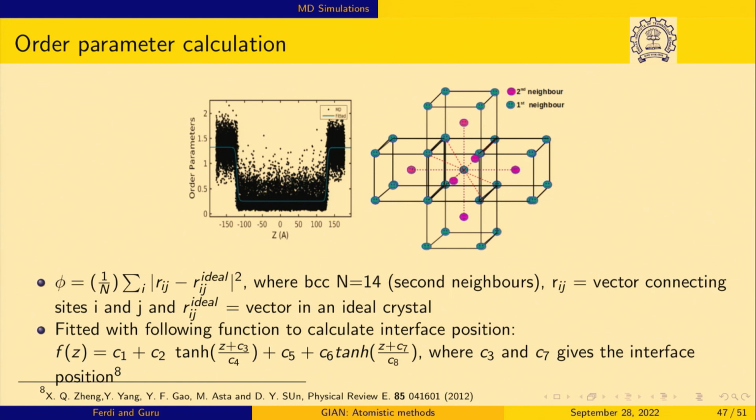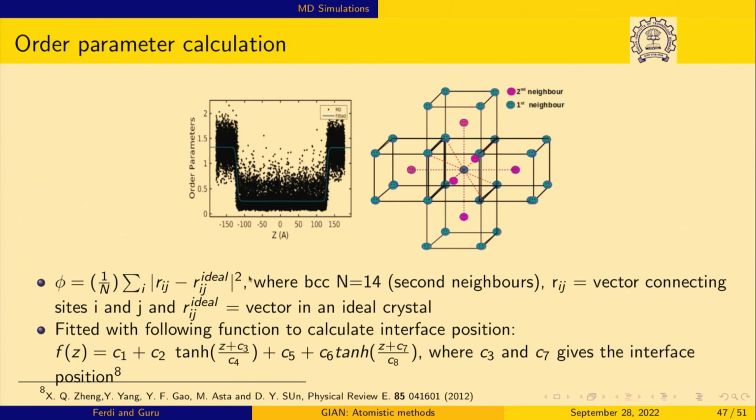So, 8 nearest neighbors are there. So, if it is in the solid bulk, I know that at specific directions I should see another atom. That is what is defined as the phi order parameter: number of nearest neighbors summed over Rij minus Rij ideal whole squared, okay.